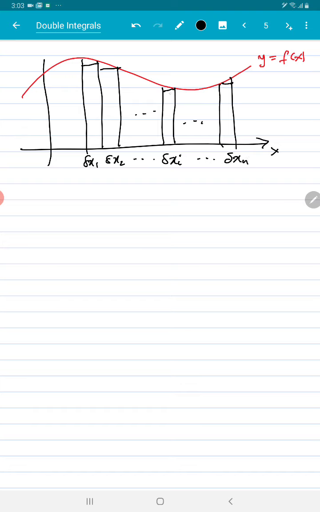Let's say we want to find the area of this one rectangle. The area of that rectangle would be the width, which is delta xi, times the length, which is f of xi. That is the area of this shaded rectangle.